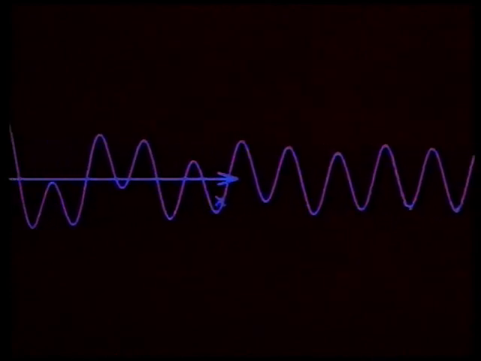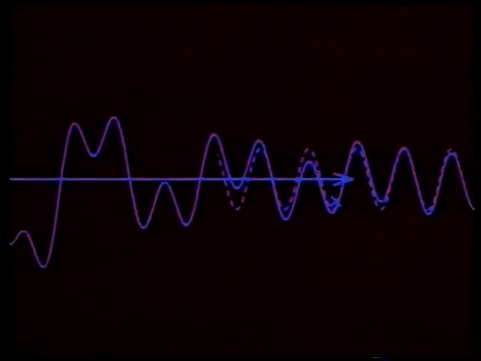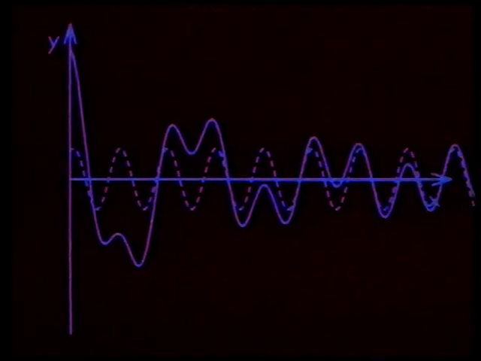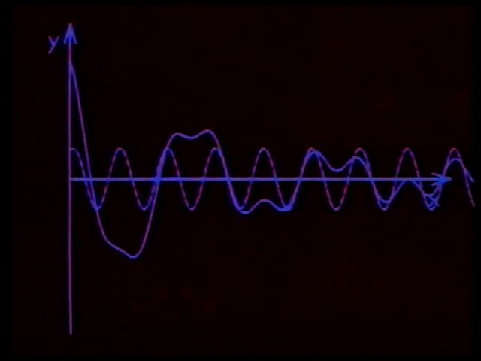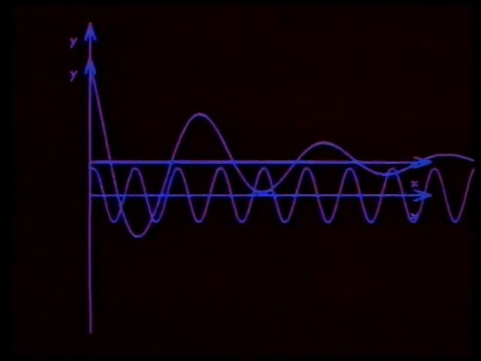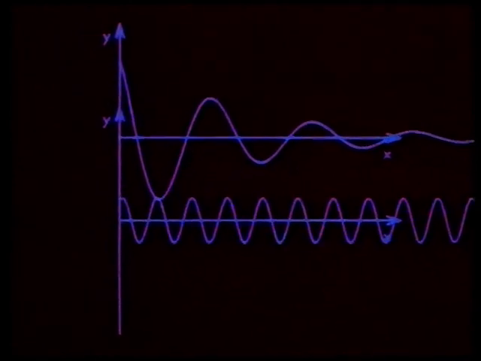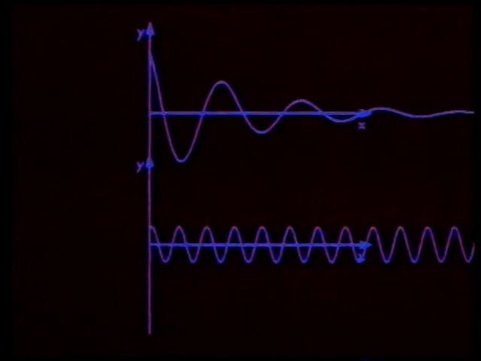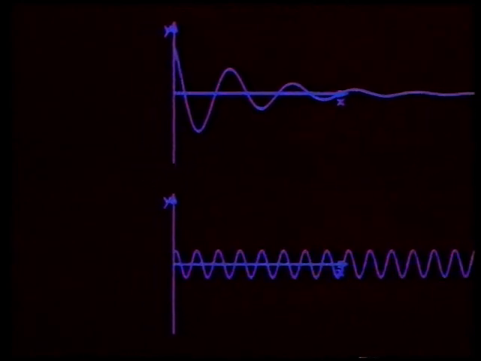Now, let's see what would be left if we subtract that sinusoid from the total solution. So here's the remainder. And it looks familiar. It's a decreasing oscillation. So the solution of that original equation is the sum of two parts. That sinusoid and that other bit, which looks like the graphs we had before.